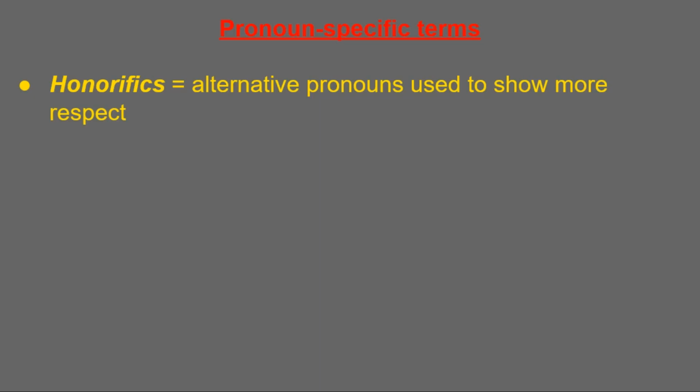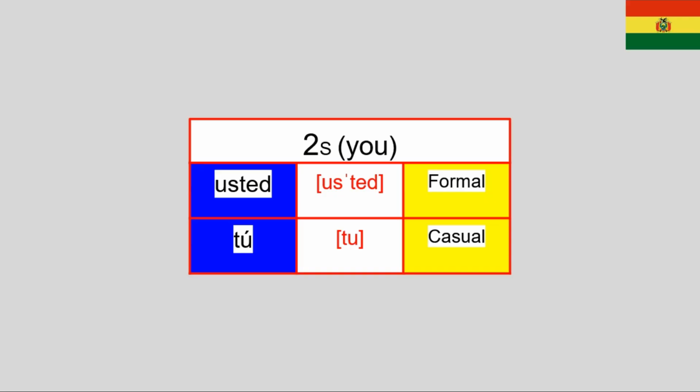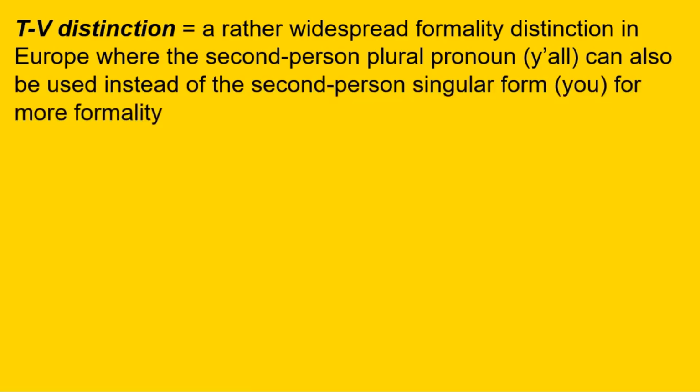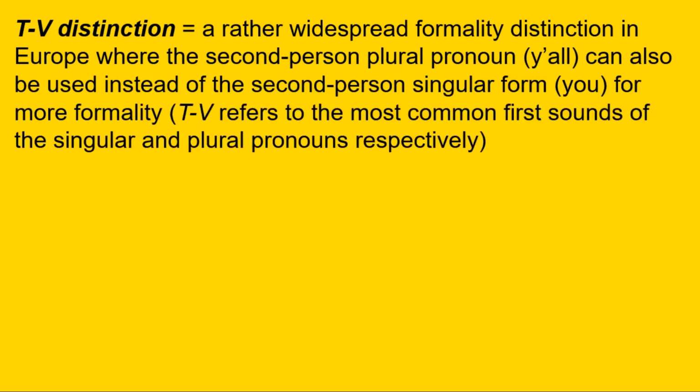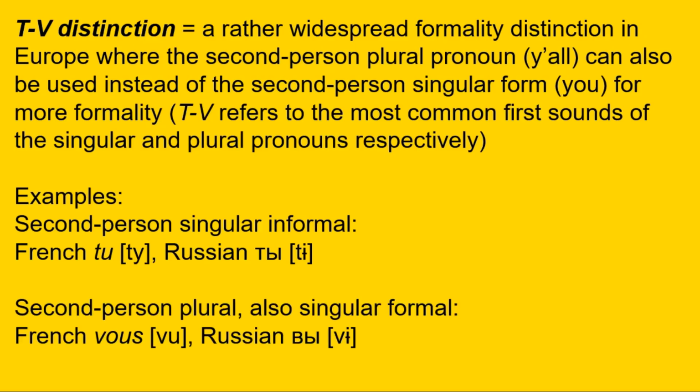And the last thing to talk about for pronouns is honorifics. These are alternative pronouns used to show more respect, typically either to elders or people you don't know. You could have a simple two-way system between informal and formal, like Spanish with tú and usted. Interestingly, a lot of languages from Europe have this one system where they use the second person plural pronoun as the singular formal pronoun, commonly referred to as TV distinction, named after the most common first letters of the singular pronoun, which is tu in French and ty in Russian, and the plural pronoun, which is vous in French and vi in Russian.